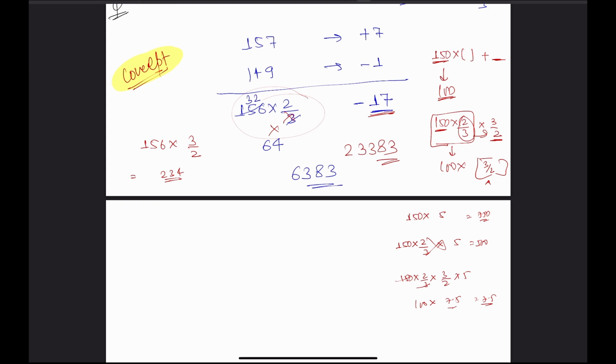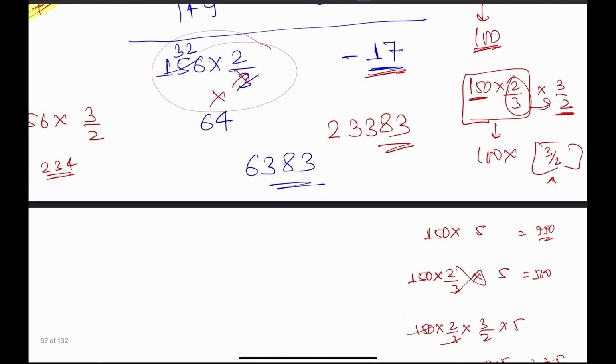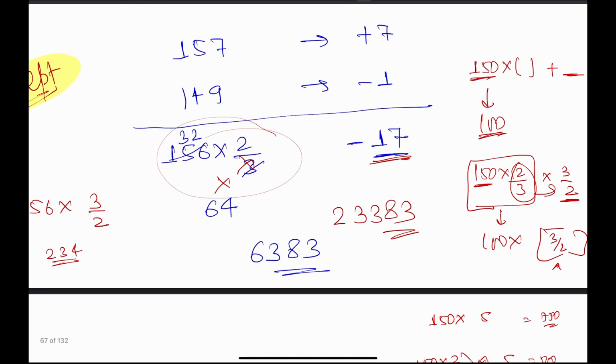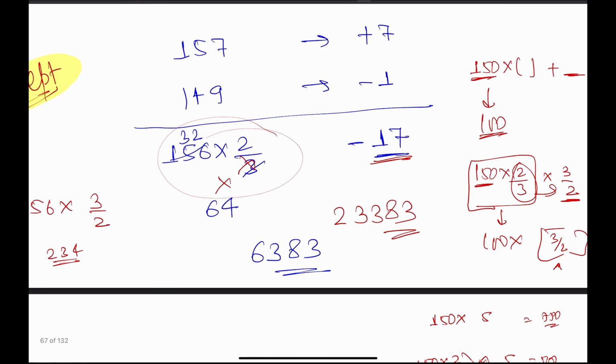Where's the mistake now? Why have I written over here 17 when it's just minus 7?